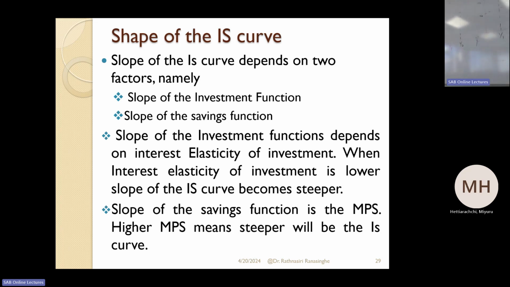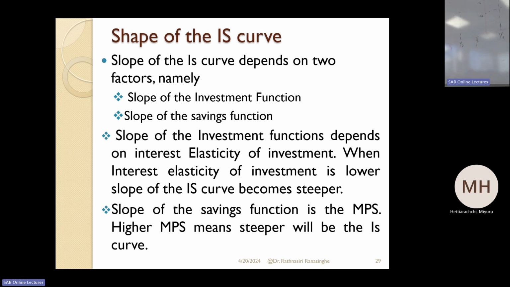If there is a steeper investment curve, we have the steeper IS curve. If the saving function is steeper, that also affects the IS curve. Now, what determines the slope of the investment curve? That is the interest elasticity of investment, I1.